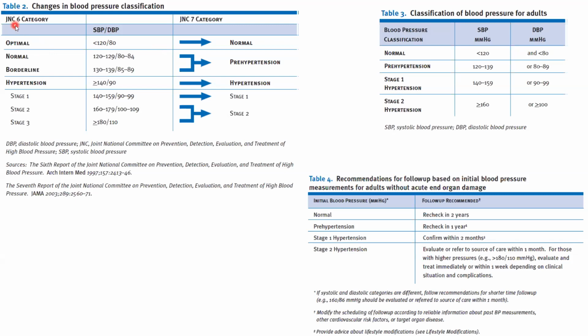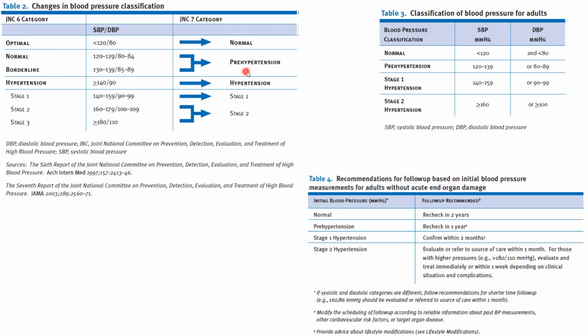So when they jotted down the sixth report, the situation was different. And when the time came for a revision to the seventh report, the situation had deteriorated. So optimal became normal, and normal and borderline became pre-hypertension. All the in-betweens from 120 to 139 in systolic and 89 in diastolic are now referred to as pre-hypertension.